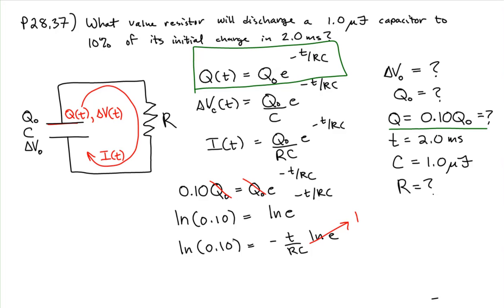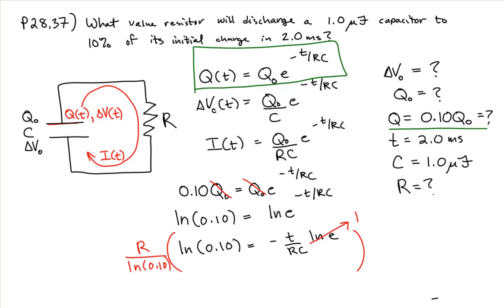And let's just rearrange this a little bit. We'll multiply everything through by an R over the natural log of 0.10.